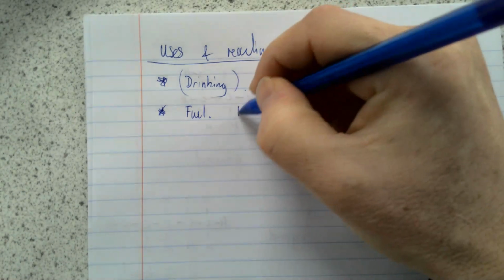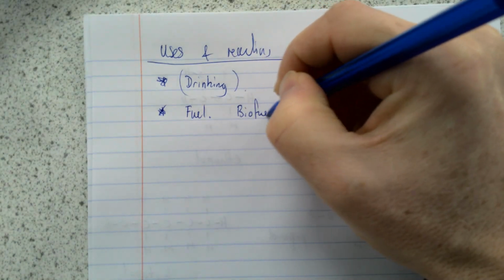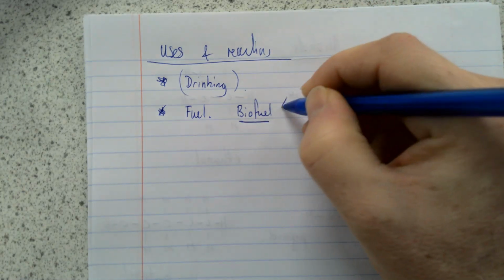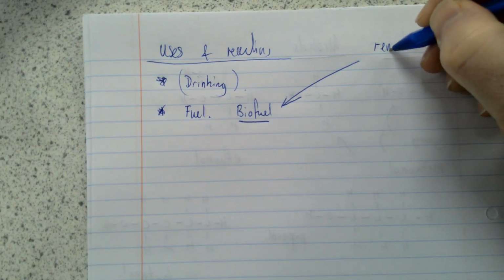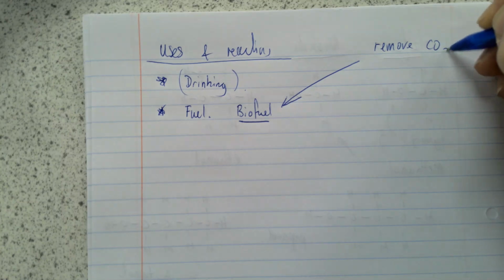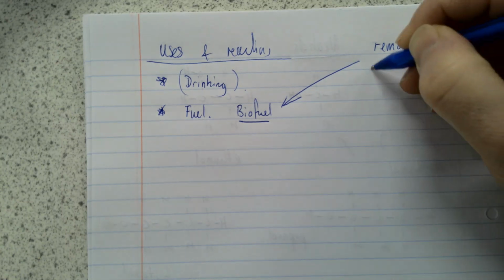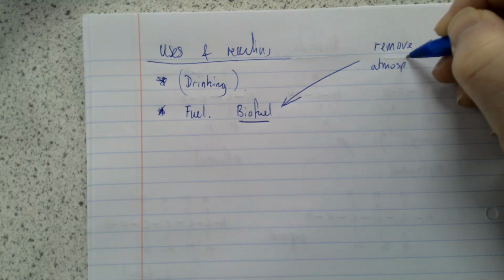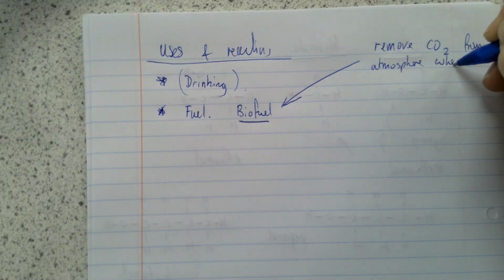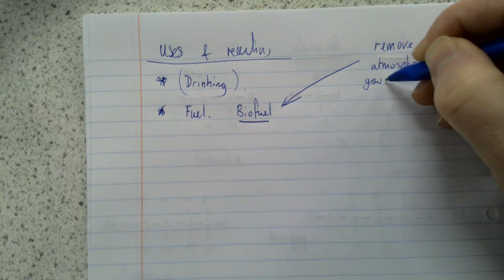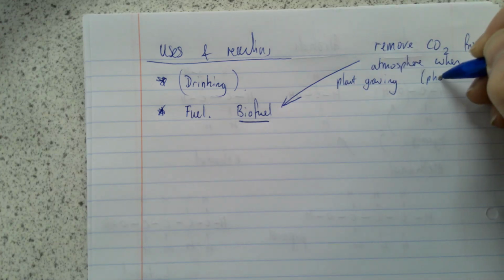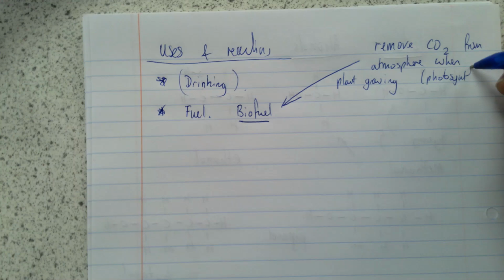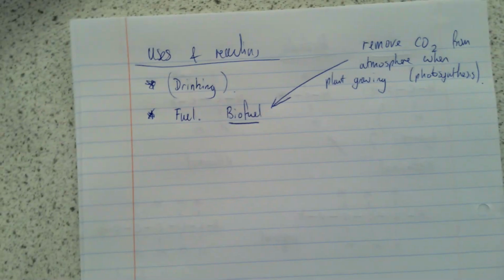So specifically, it is a biofuel, and biofuels, remember, remove CO2 from the atmosphere when growing, when the plant is growing through photosynthesis. And if you don't know the reaction of photosynthesis, I suggest you try to learn it.